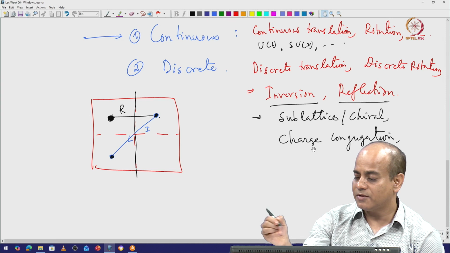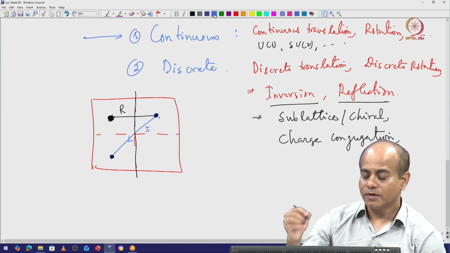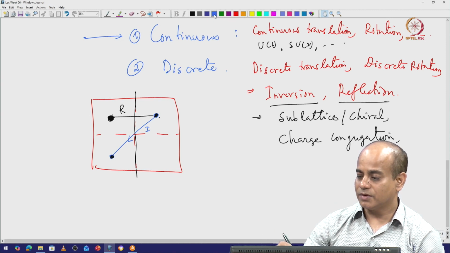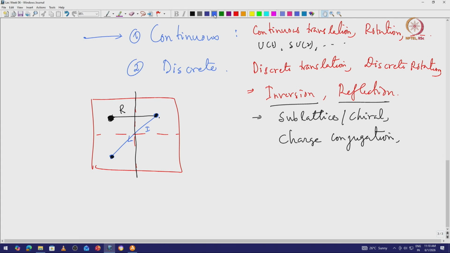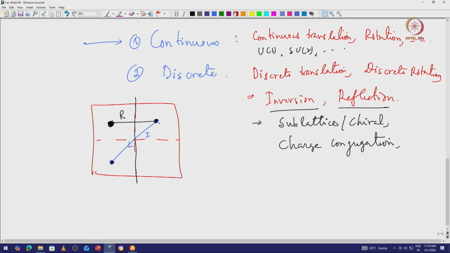And another symmetry that we will have here is, for example, time translation symmetry in the continuous case, and that will become time reversal.